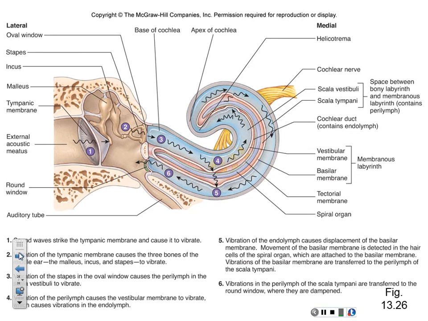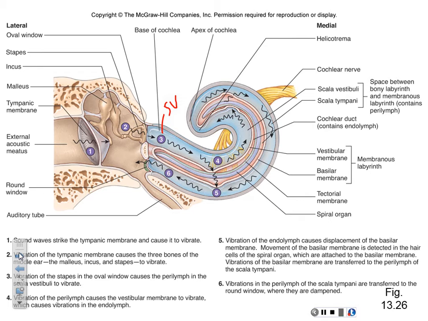So this is kind of repetitive. When the sound waves come in, they agitate the tympanic membrane, and then the malleus, the incus, and the stapes. So number 2 will be the auditory ossicles in that order. The last auditory ossicle, the stapes, vibrates against the oval window, which agitates the fluid in the scala vestibuli. Then, depending on the pitch of the sound, it will agitate the basilar membrane via agitation of the vestibular membrane and the endolymph.